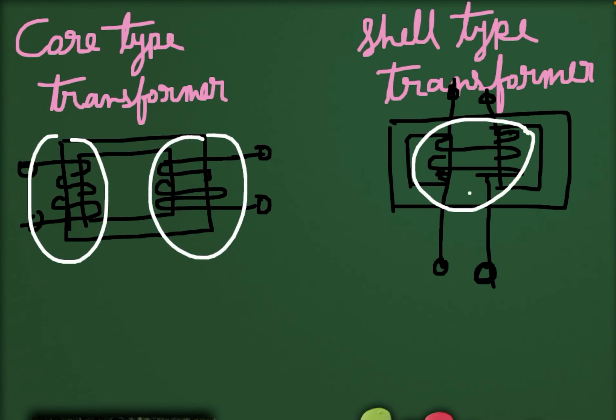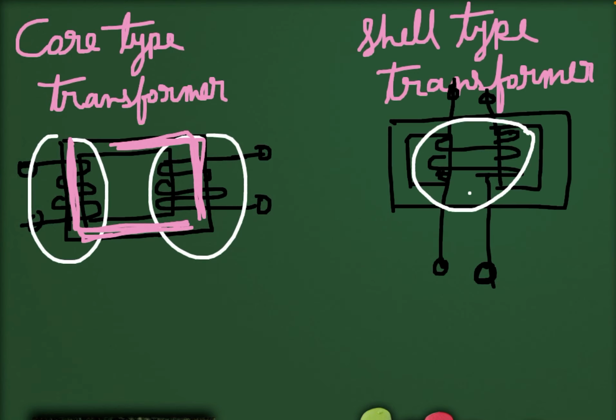Also, in the core type transformer the lamination is cut in the form of L type strips. You can see that one strip is this and one strip is this. This is L shape and this is L shape, so two L shapes are laminated.